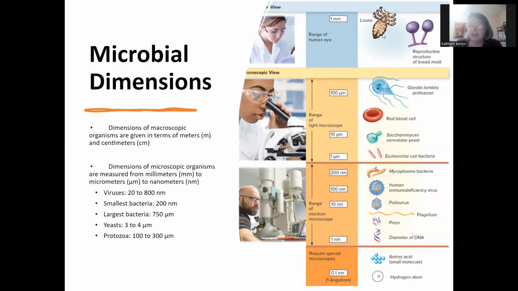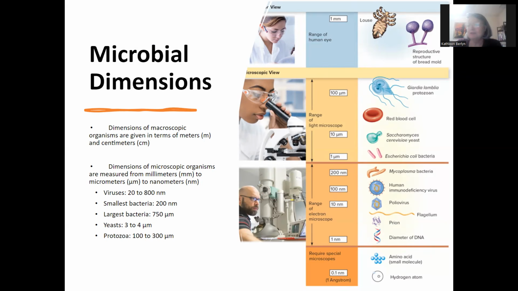So looking at different things that we know, you look at the reproductive structure on bread mold. You can see these through a microscope, or a louse, which again you don't really see very often with your eyeballs. They're pretty tiny, and that's about the limit of our sight with our eyes.